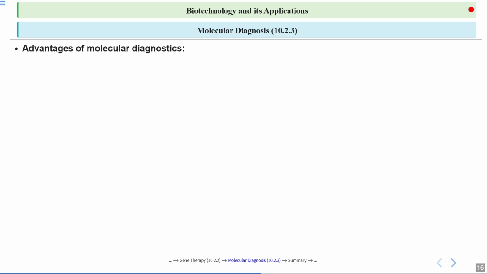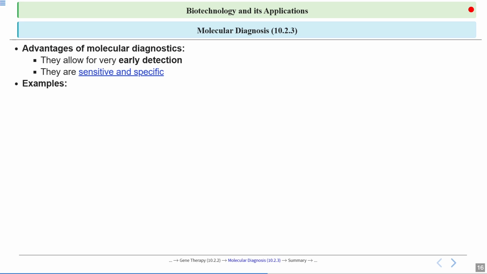slides. And what are the advantages of molecular diagnosis? They allow for very early detection. They are very sensitive and specific. As we are detecting that disease at a molecular level, as the name suggests, molecular diagnostics allow us to detect it in a very early stage. And they are very sensitive and specific. It's not like they are going to give us some false report.